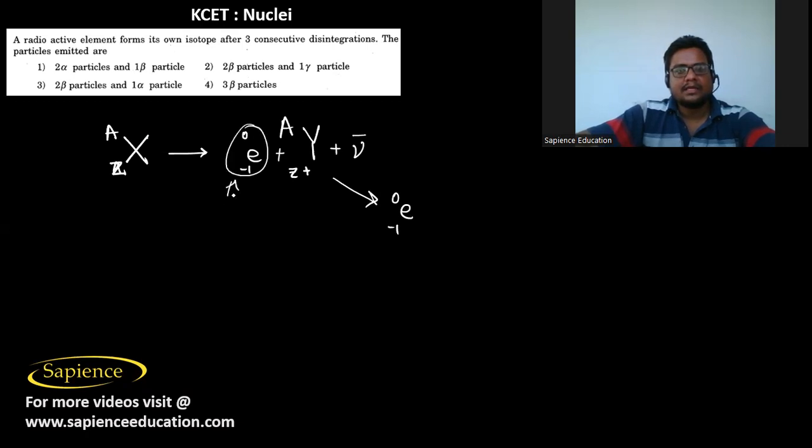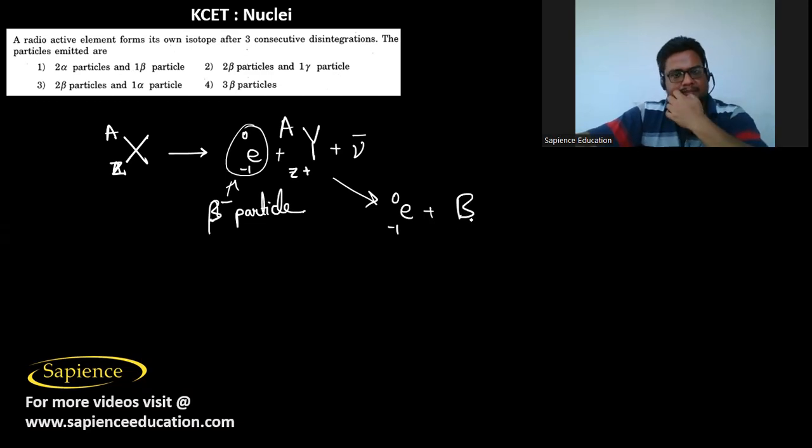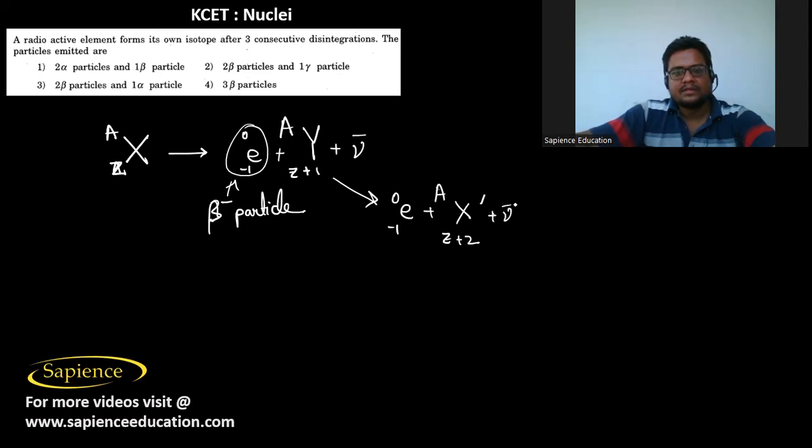Now this electron is called the beta minus particle, and plus, let's say, it gives some X dash (Z+1), then this will be Z+2, A, antineutrino, and then again it will give another alpha particle.